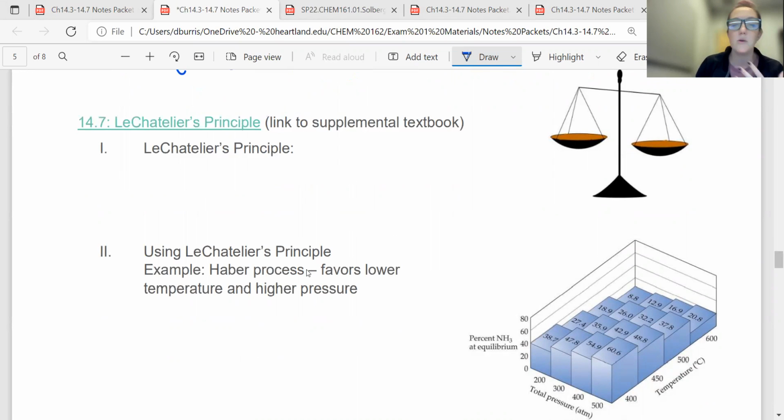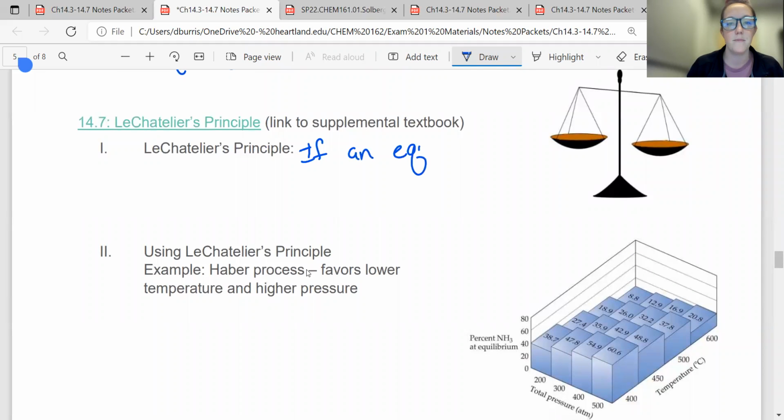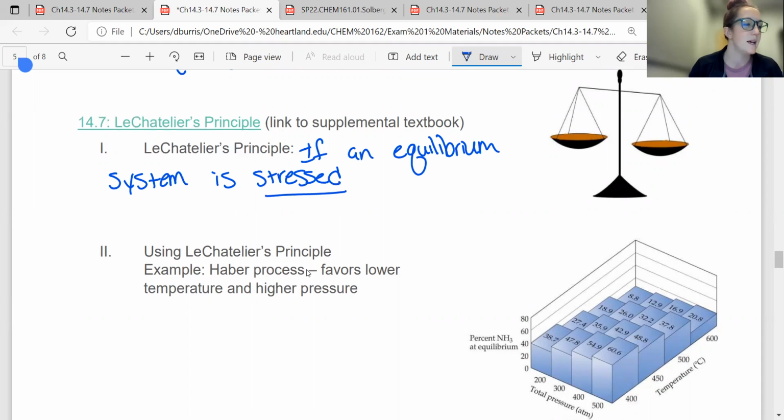It is for an equilibrium system, okay? If I stress it, so if an equilibrium system is stressed, and I'll talk about what that means in a minute, it is going to shift. It will shift.